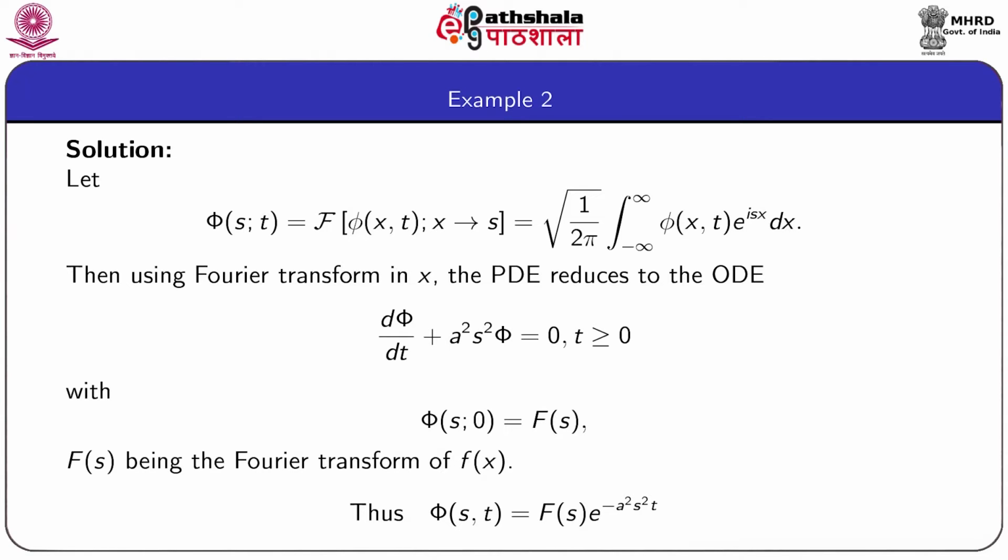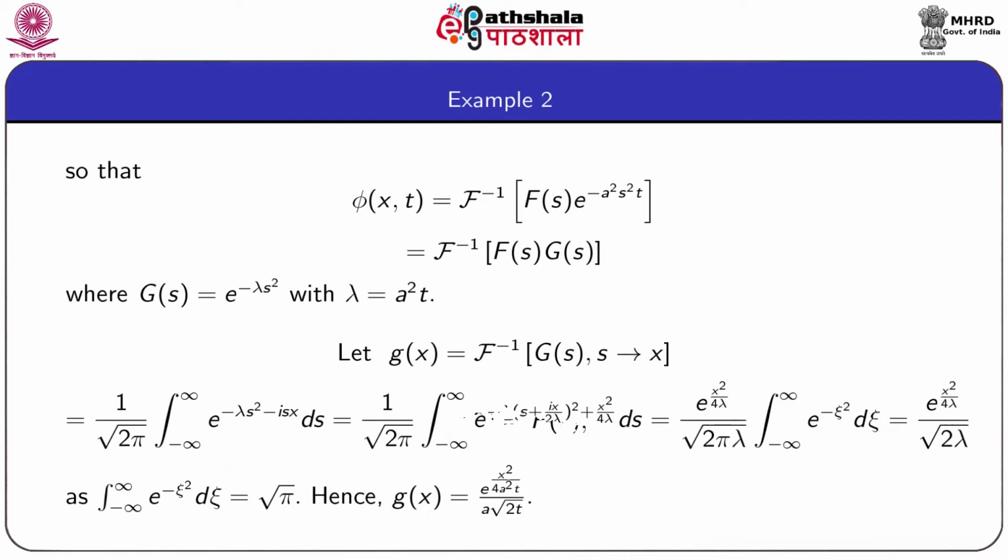Φ(s,t) equal to F(s) e^(-a²s²t). So, we have obtained capital Φ. Now, small φ is obtained after taking the Fourier inversion of capital Φ, so that φ(x,t) is equal to the Fourier inversion of F(s) into e^(-a²s²t).